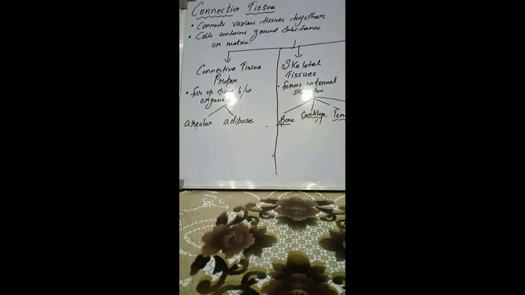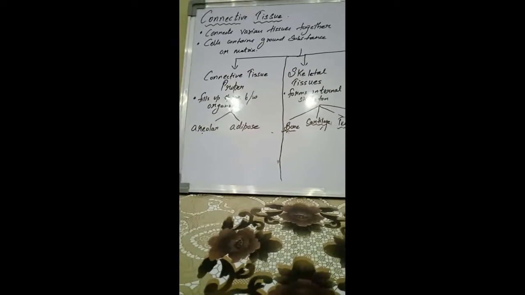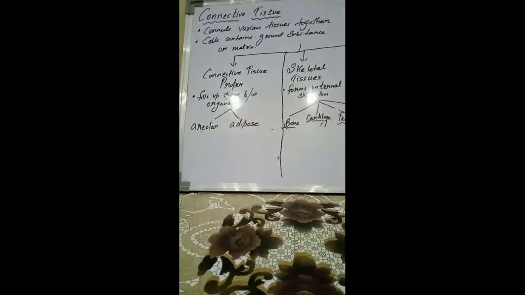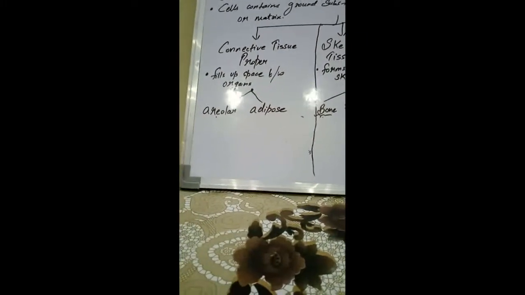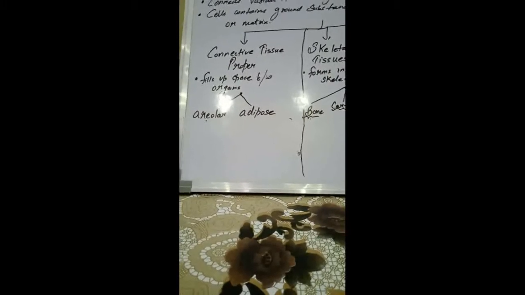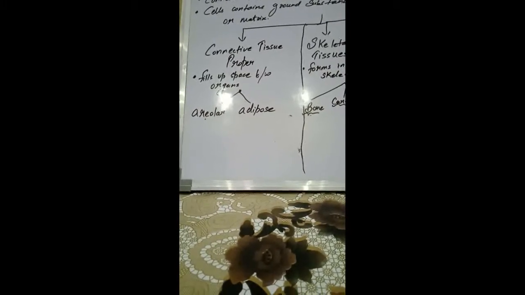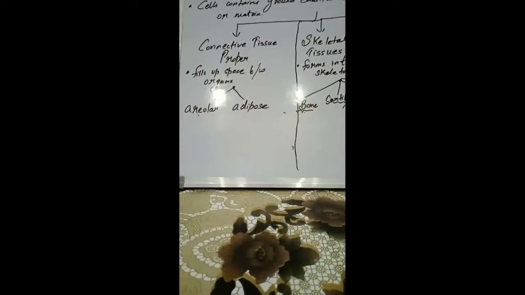That is the important point you have to remember. It is of two types, areolar and adipose. We will discuss the difference later on. For now just remember the names.